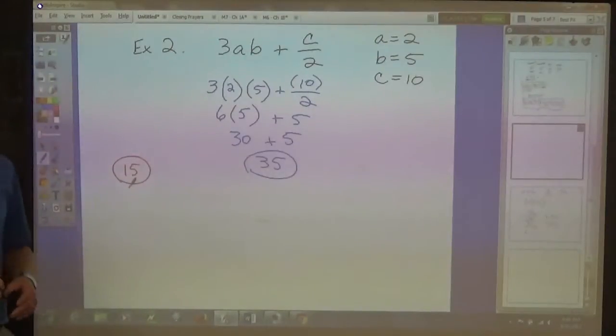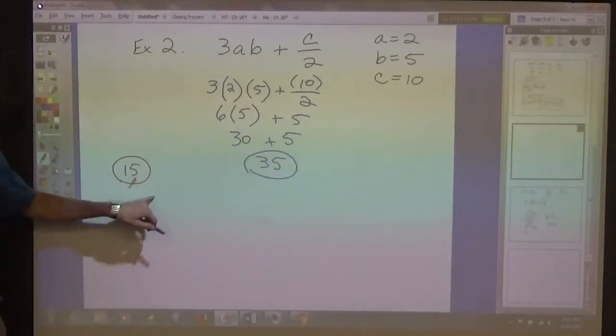Here's a real-world example of writing an expression. It says an office assistant types 55 words per minute. Write a variable expression for the number of words the office assistant types in m minutes.